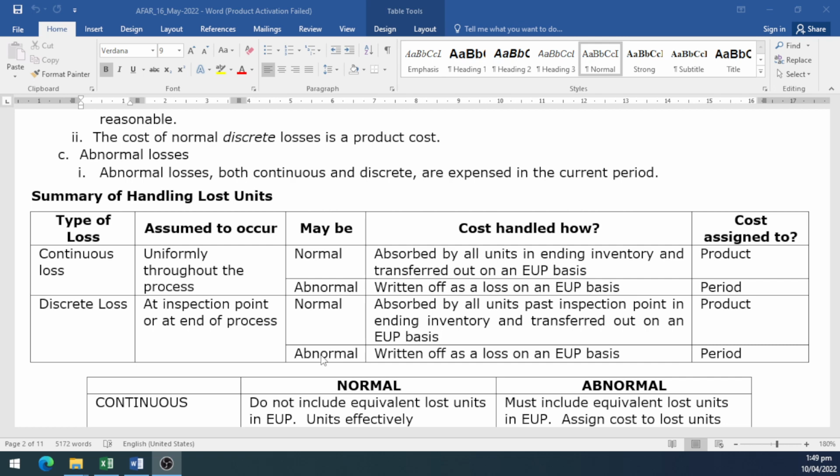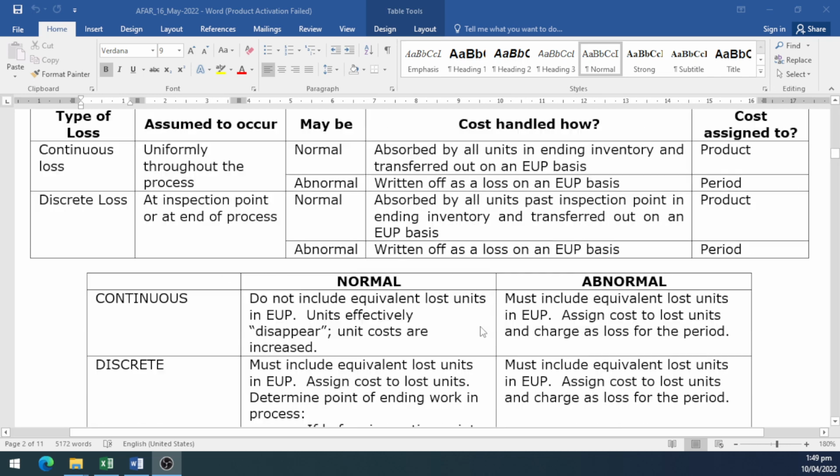Kung lahat yun, 100% done, kasama sa absorbing units yun. Kasi lumampas yun sa 50% stage. Yung work in process end, if that is 60% complete, kasama rin siya sa absorbing units kasi lumampas na sa inspection point. Yun ang ibig sabihin po nun, ng absorbed by all units past inspection point.